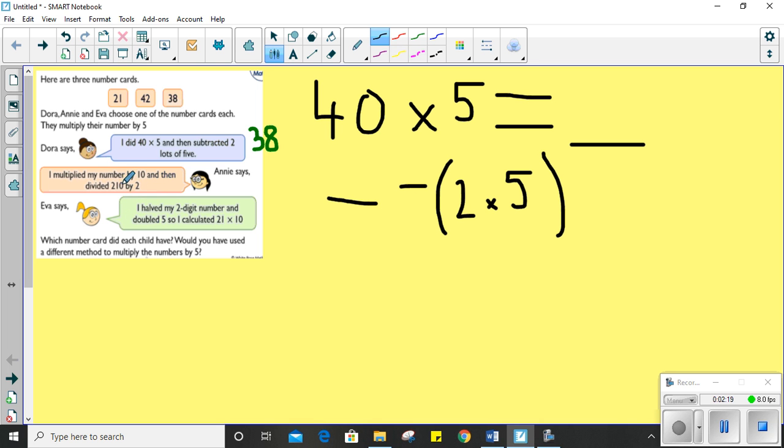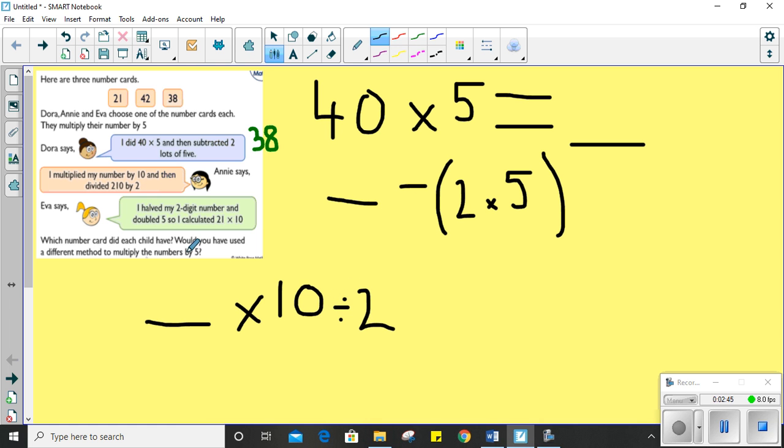Annie says, I multiplied my number by 10 and then divided by 2. So if she had our number, multiplied it by 10, and then divided it by 2, which is the same as multiplying something by 5, then she got her answer.